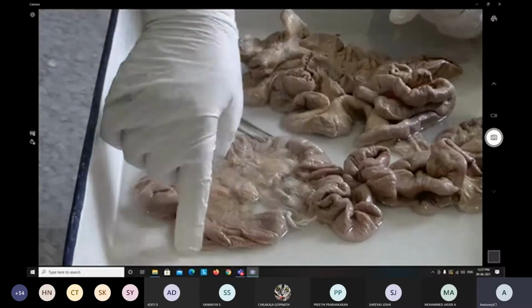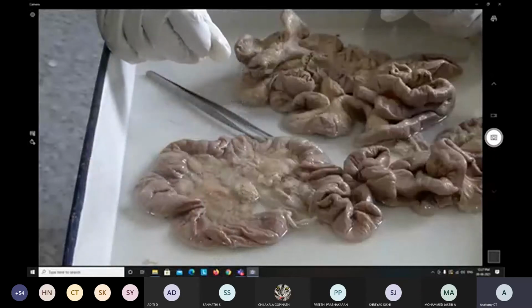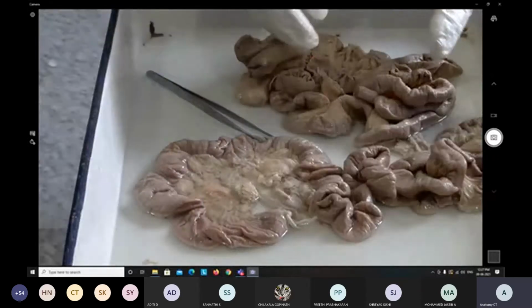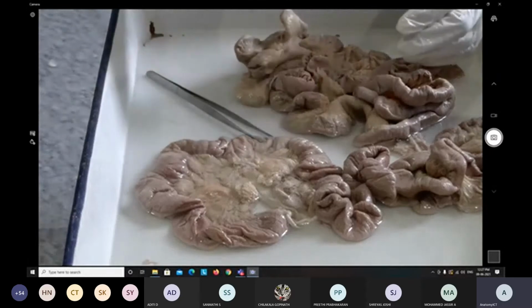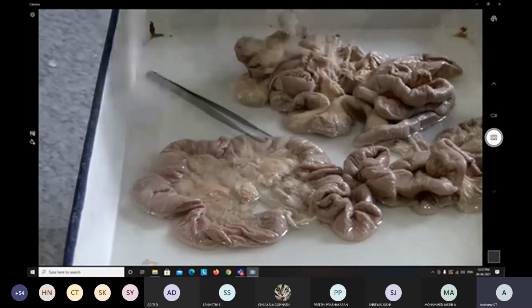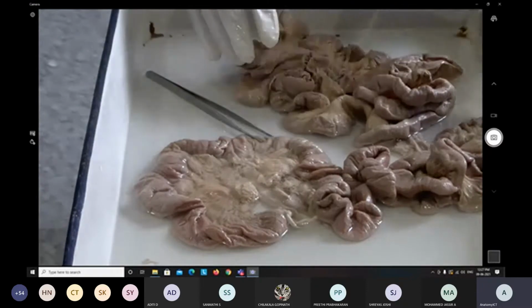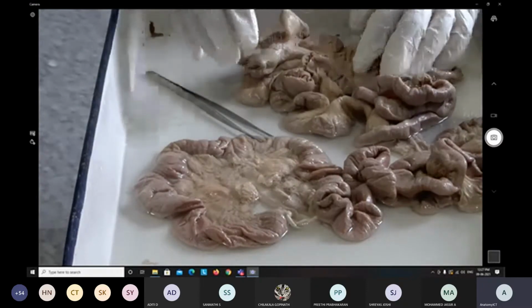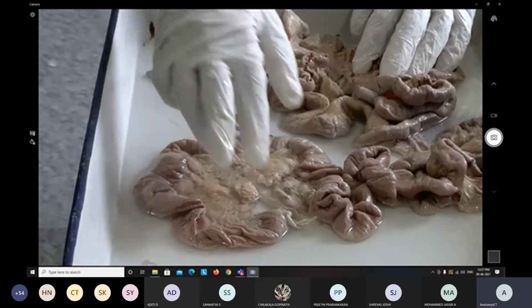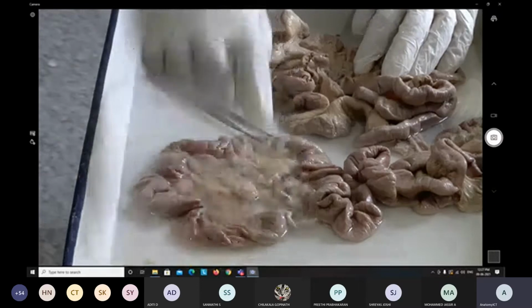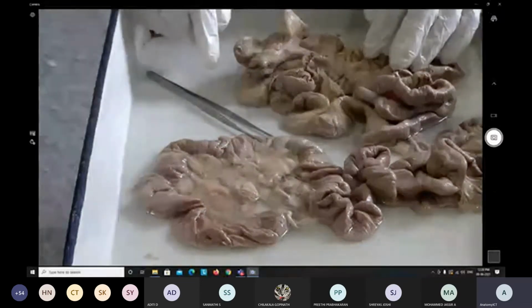Now the superior relation, the upper part, is the epiploic foramen. There is a foramen between the lesser curvature of the stomach and the liver, so that is the epiploic foramen. It is separated from the portal vein and bile duct, and comes in relation to the superior part of the duodenum.